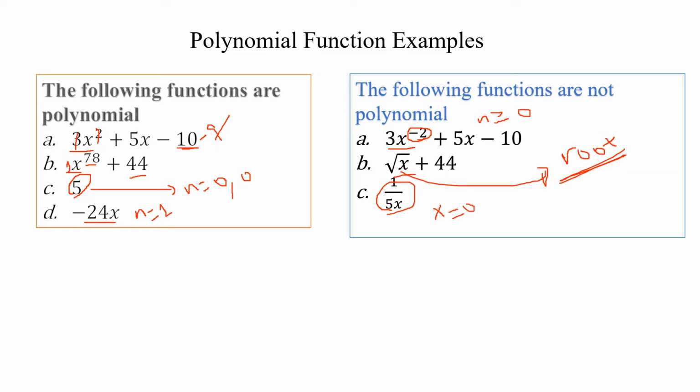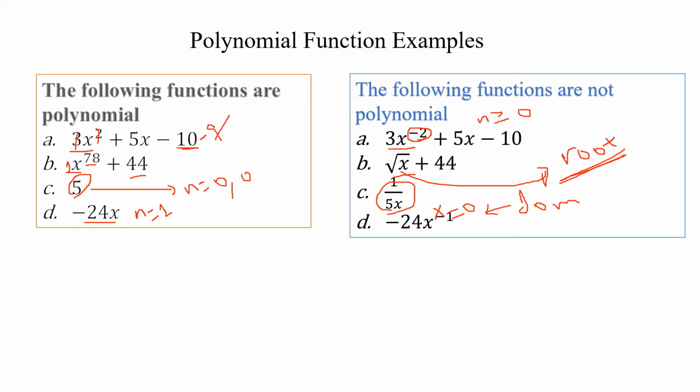x equal to 0 is not in the domain. So if the domain is not all real numbers, that function can't be a polynomial function, since the domain of a polynomial function is always the real numbers.